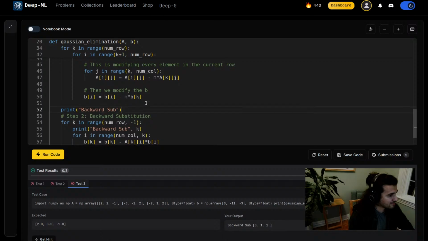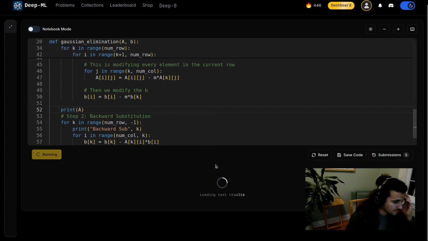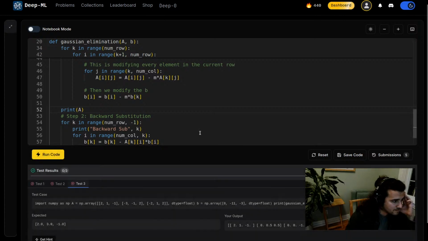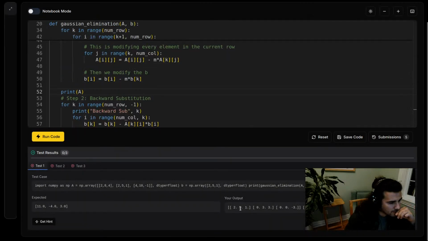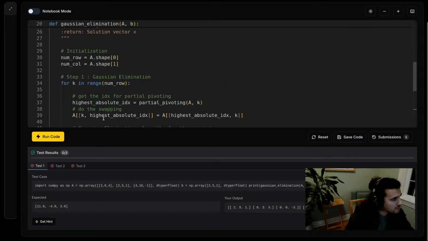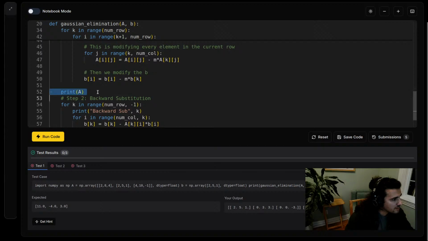So if I actually print A, do we have a triangular matrix? Okay, this looks triangular, right? That's too big for me. That's triangular also. So it seems like we're doing the right stuff here, right?